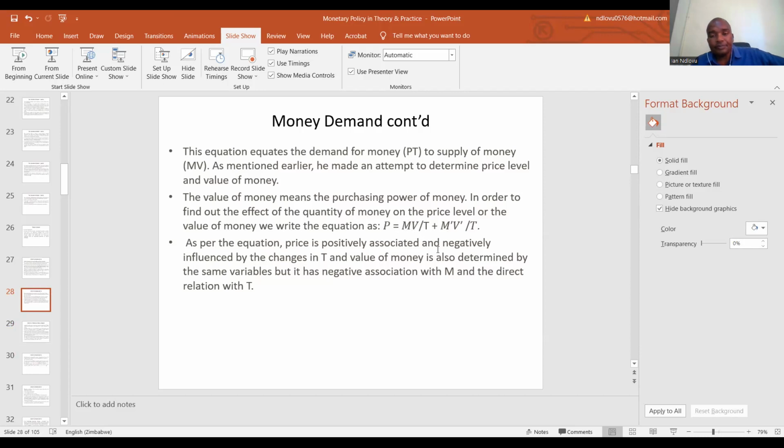And the transactions velocity of money is also constant over time because it's amenable to things like payment technologies and so on.